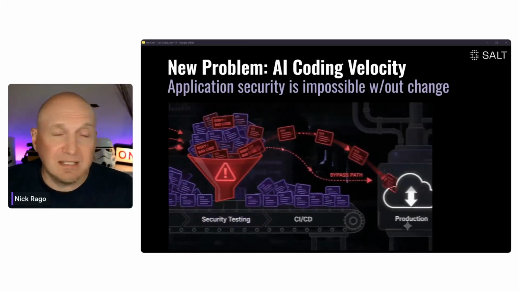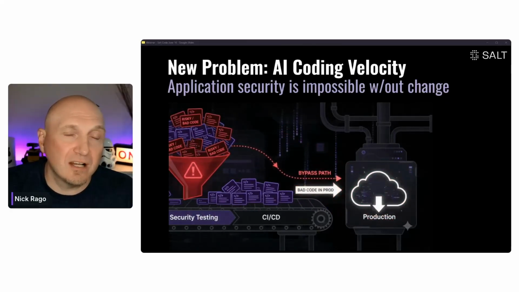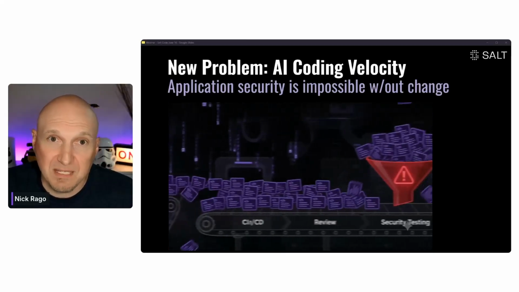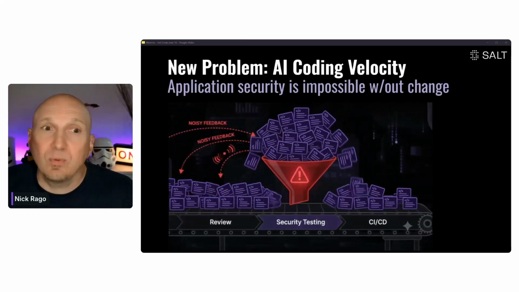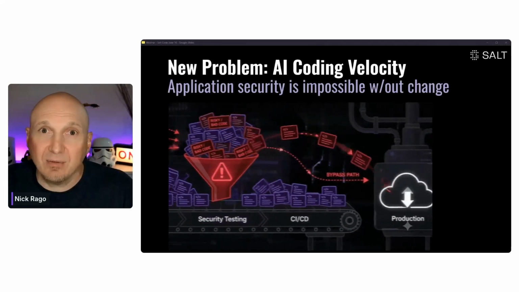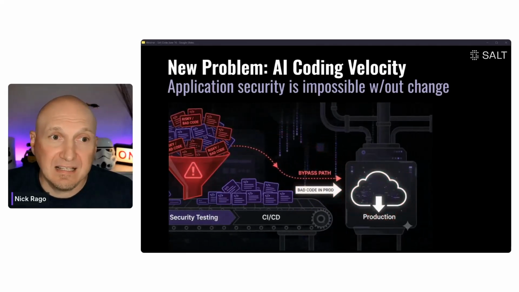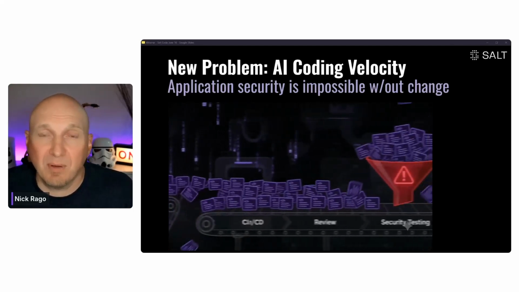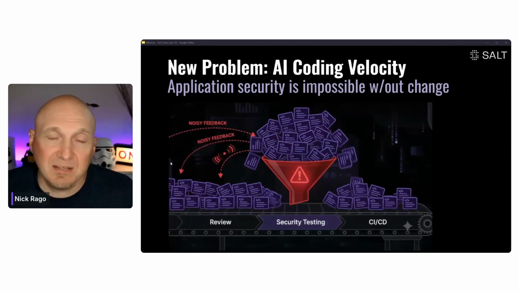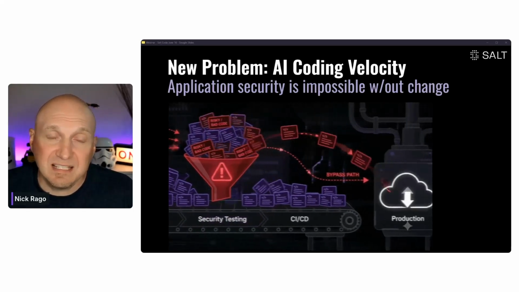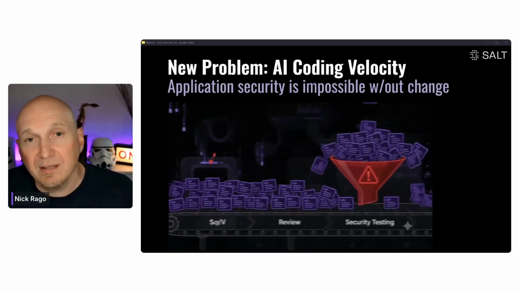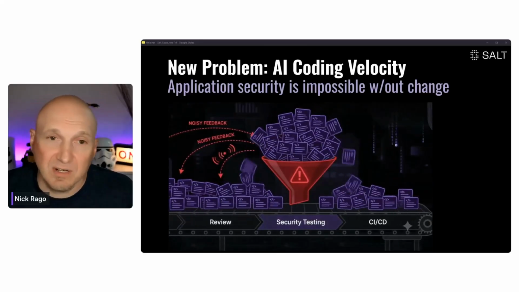We need to make sure right now that we're not creating the next generation of security problems at machine speed. So the old way won't scale. And right now, if we kept it the way it is, or it has been, application security is going to be impossible. There's just too much coming down the pipe. And we're going to be seeing a lot of unwanted configurations and code finding its way into our staging and production environments.